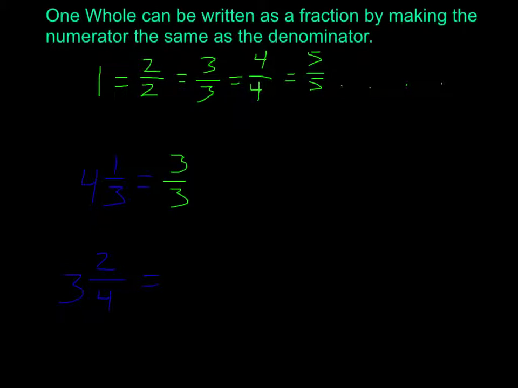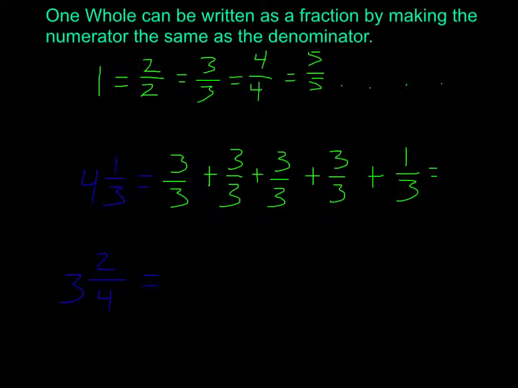So we're going to have 3/3 plus 3/3, that gives me 2 wholes, plus 3/3, that gives me 3 wholes, plus 3/3, that gives me my 4 wholes right here, plus my 1/3.